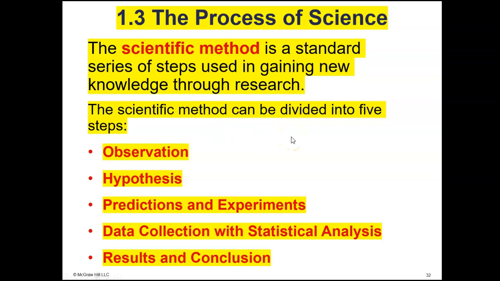So, is there a God? Paranormal type questions. But for a lot of problems involving the natural world, the scientific method is very useful, and it has a specific sequence of steps: observation, hypothesis, predictions and experiments, data collection with statistical analysis, results and conclusion.